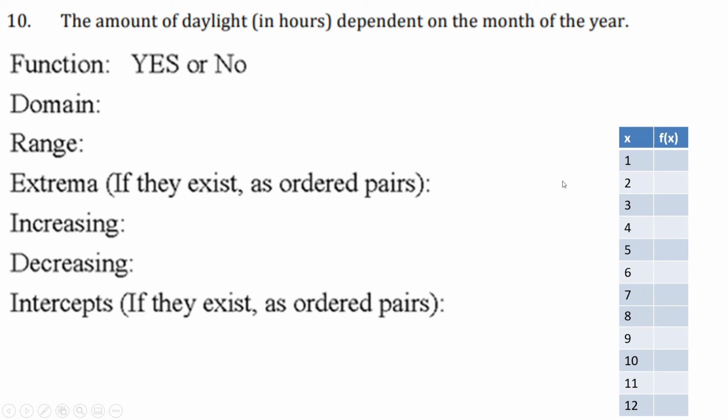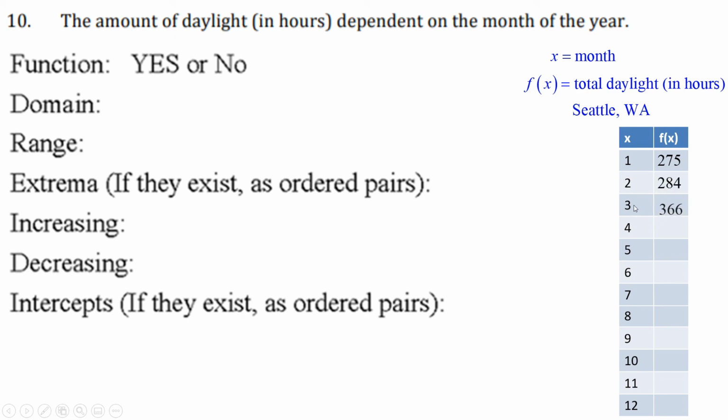And then I researched, and guess what? The amount of daylight in total hours, where x is the month and f of x is the total daylight in hours, and this is in Seattle, Washington, by the way. In January, we have 275 hours of daylight. In February, 284 hours of daylight.